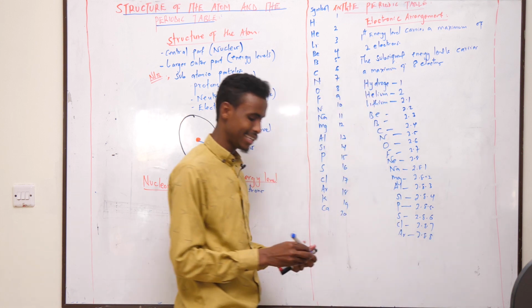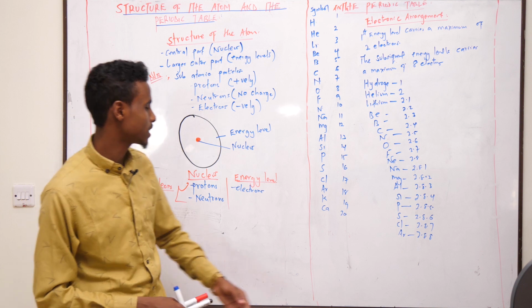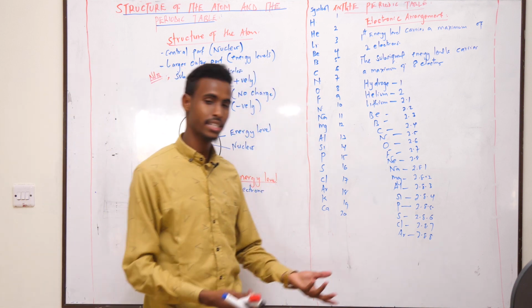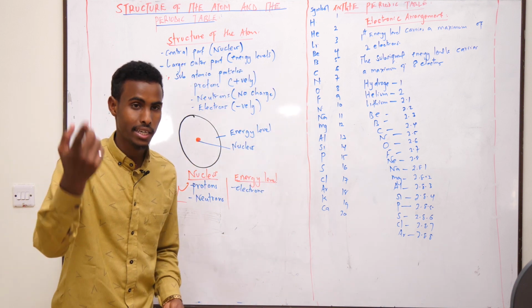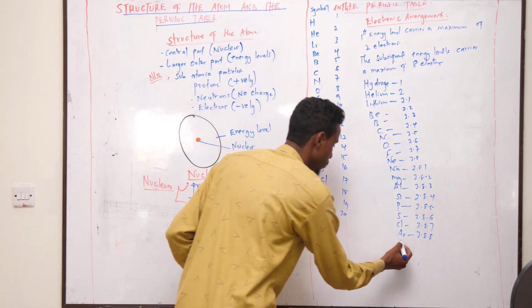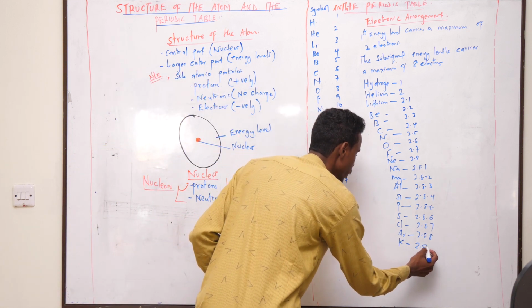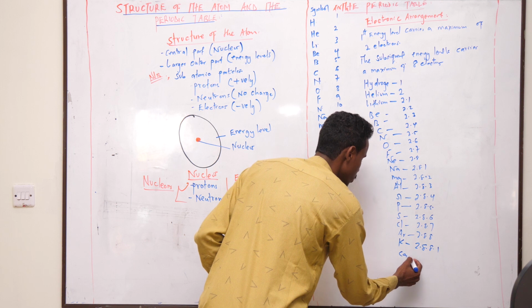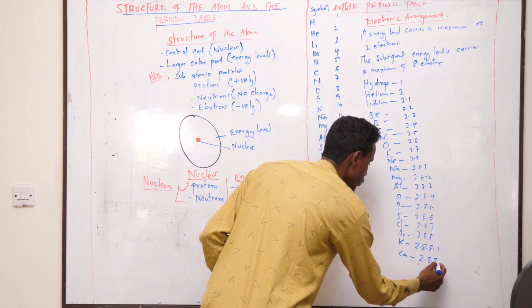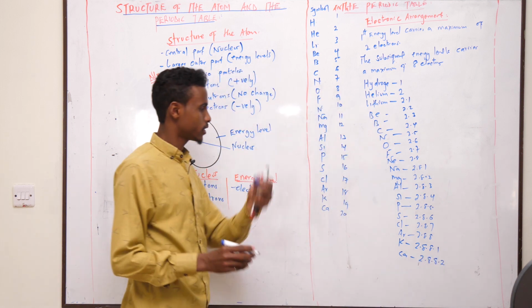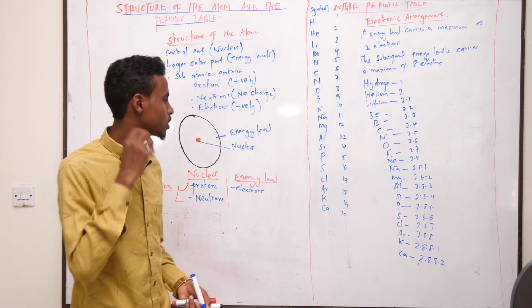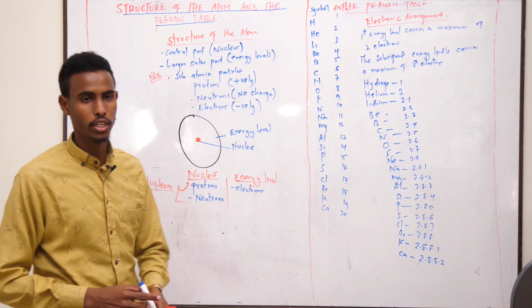Now we can see the third energy level has reached a maximum of 8 electrons. What happens next? They develop another energy level, that is potassium, 2, 8, 8, 1, and calcium 2, 8, 8, 2. That is it.